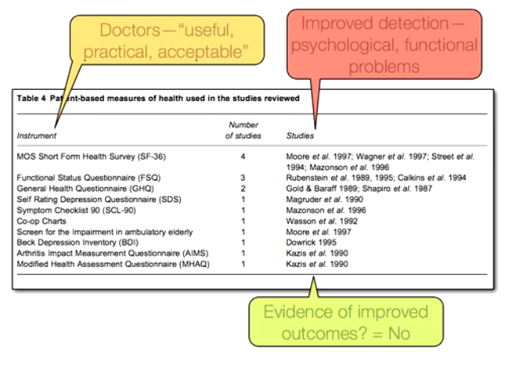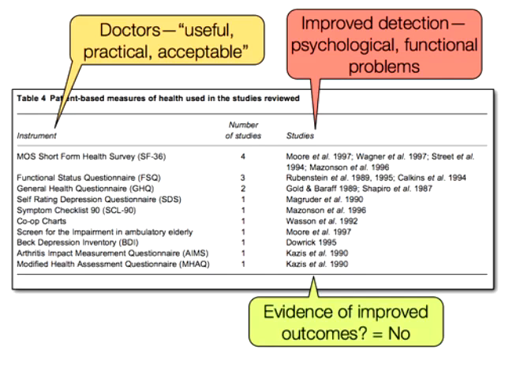In those 13 controlled clinical trials, they found that doctors in general find implementing routine outcome measurements in their clinics to be useful, practical, and acceptable, that they did improve some processes of care, for instance, the improved detection of psychological and functional problems, but there was no evidence to that point that they actually improved health outcomes.